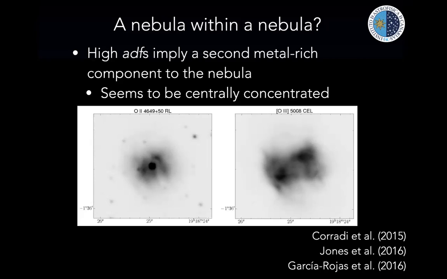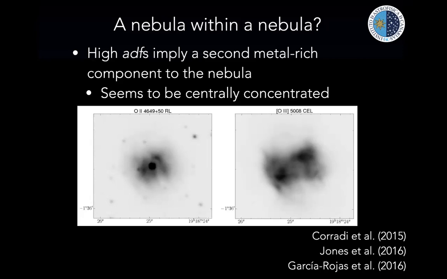And the way that we can understand this is if the nebula, rather than being a homogeneous thing, contains two gas phases, one which has a normal metallicity and one which is very metal enriched, with abundances which are much more similar to novae.